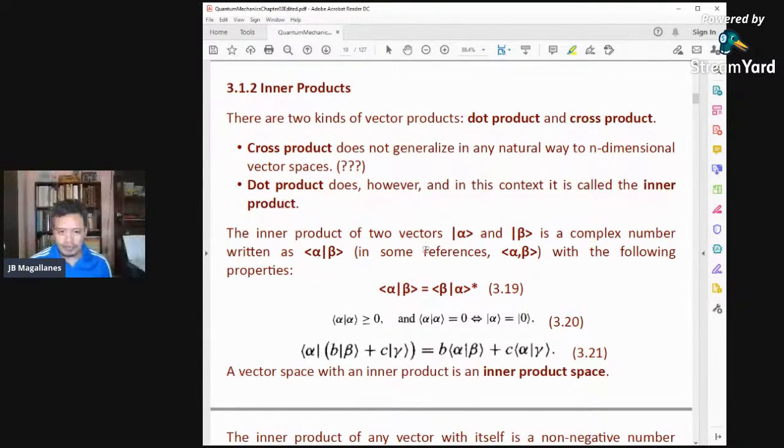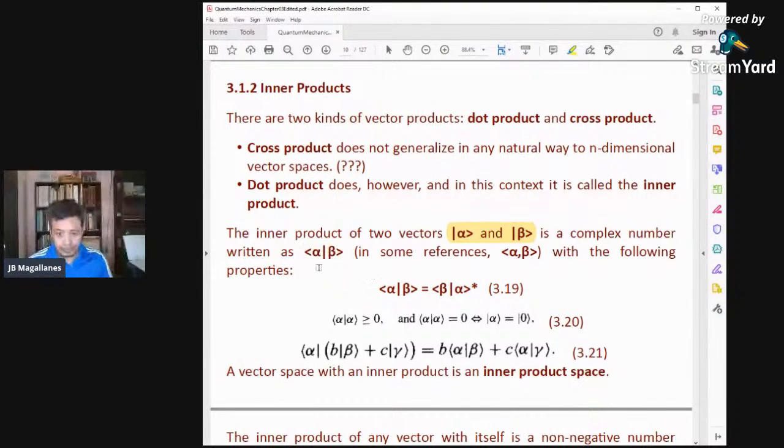So the inner product of two vectors, alpha and beta, is denoted by this. If you get the inner product of this, it's written as the bracket, or this is called the ket notation of the inner product. Ket, K-E-T, ket notation.